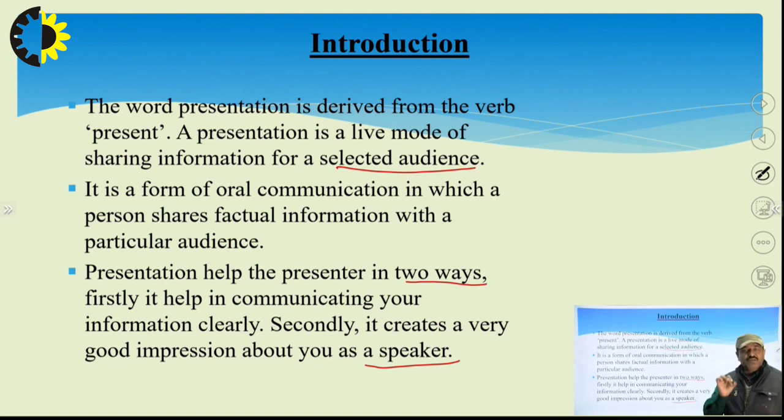Presentation means that one should understand what you are trying to convey. Once your message, what you really want to convey, is conveyed to the audience, then we can say that your presentation is successful.